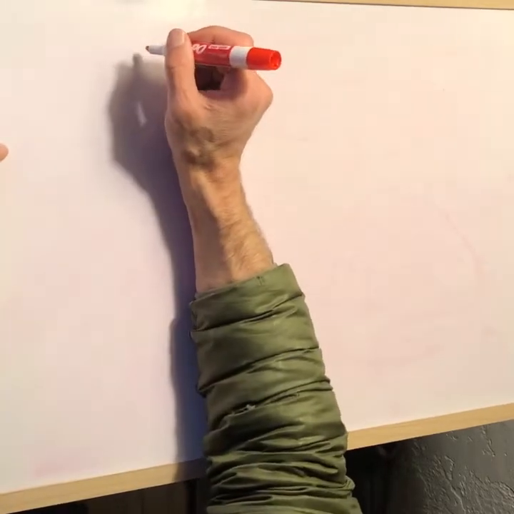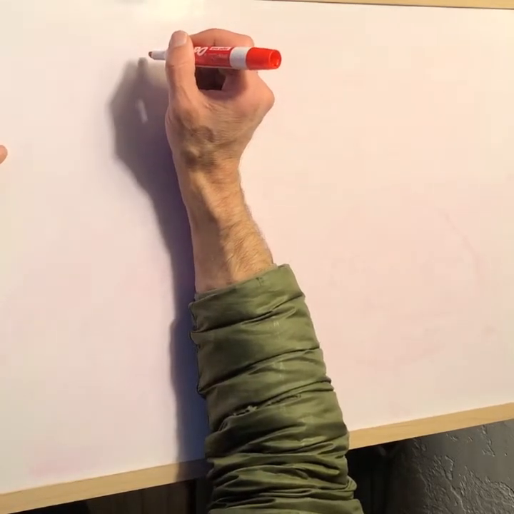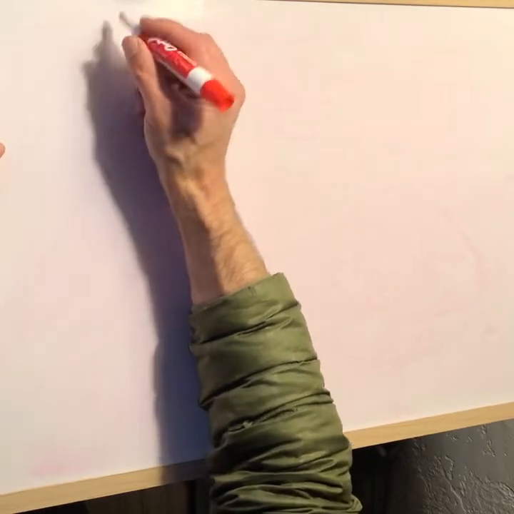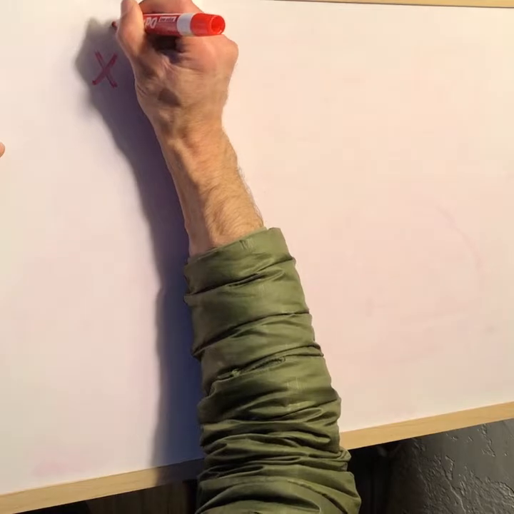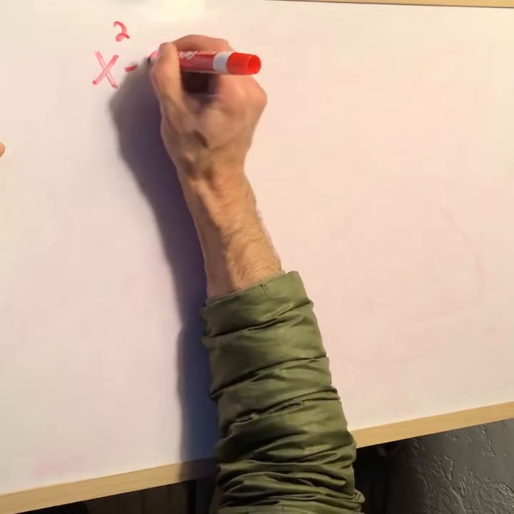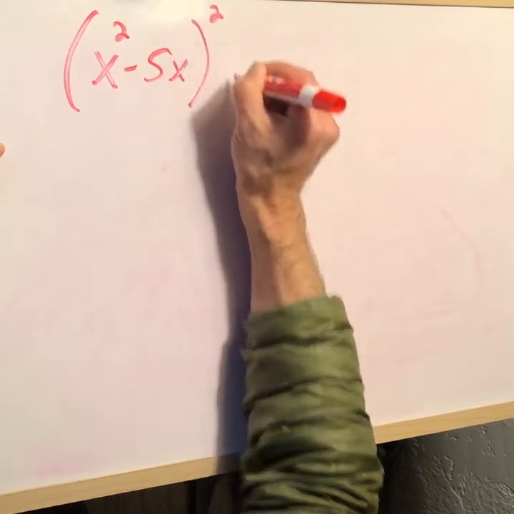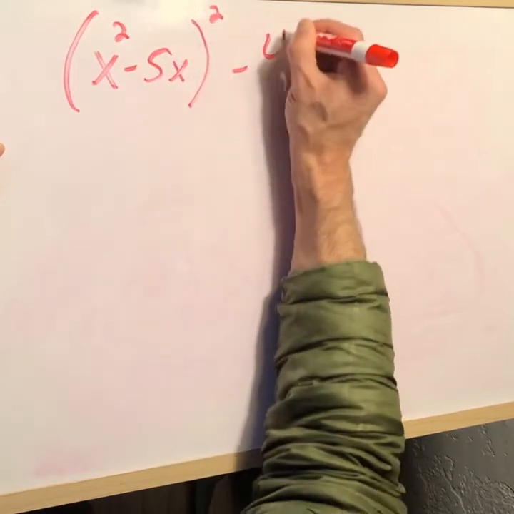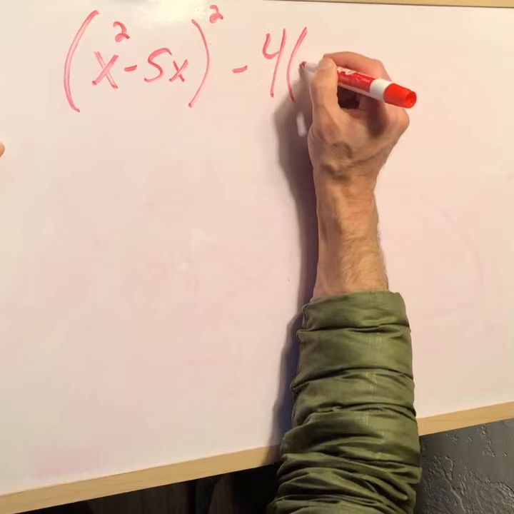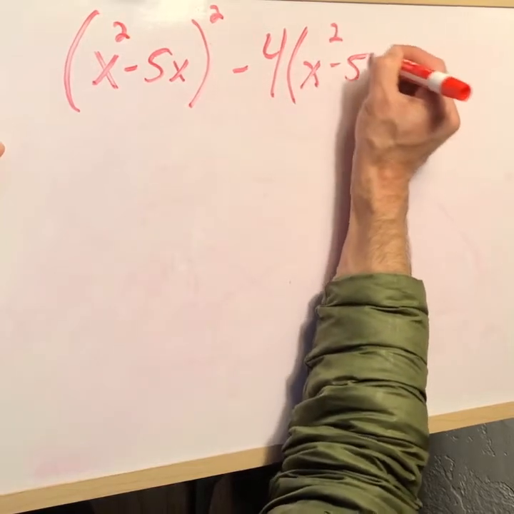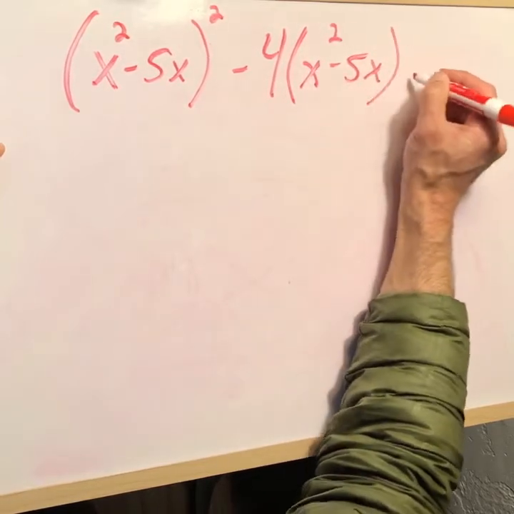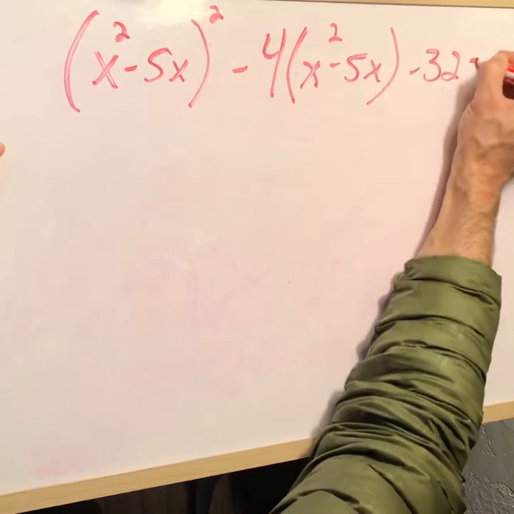In the notes it says you can use U substitution to make an equation easier. I give you a crazy looking equation. I say this: x squared minus 5x, but this whole thing is squared, minus 4 times x squared minus 5x, minus 32 equals 0.